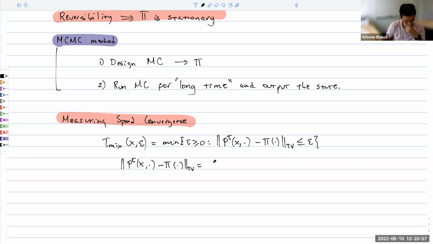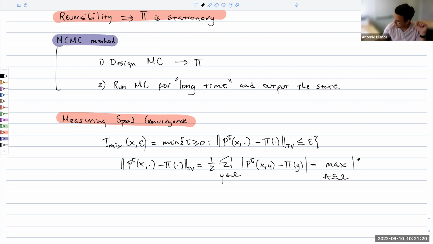This is just 1/2 of the summation over, let me not use X, let's use something else, Y. This is also equal, and you can check this at least as an exercise, to the maximum over all subsets of the state space of the difference in probability between the chain being in that subset versus the stationary measure.